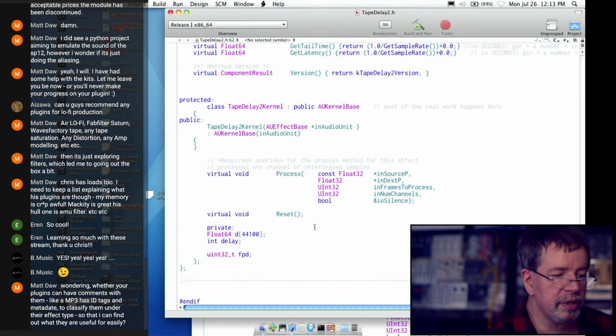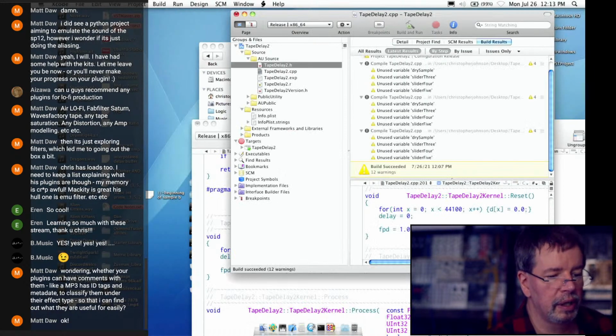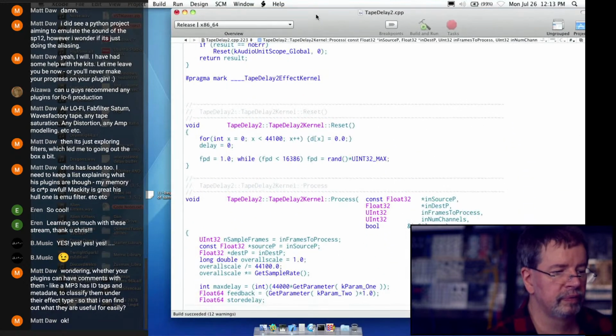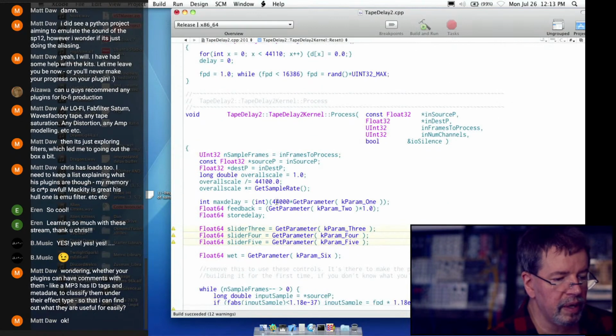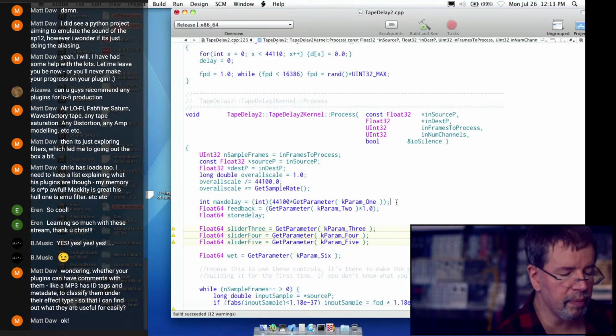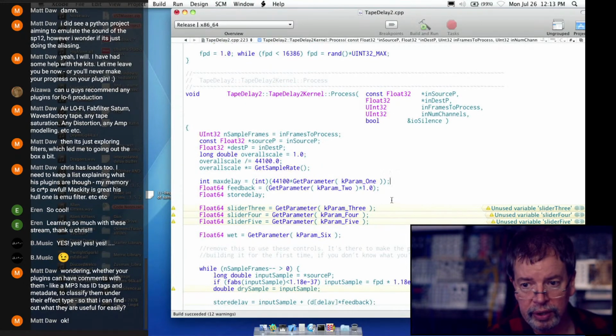But I might want to make the actual definition of the thing just a bit longer so that I can treat it as exactly 1 second. There, if I do that, then my delay line can be the exact 44100.